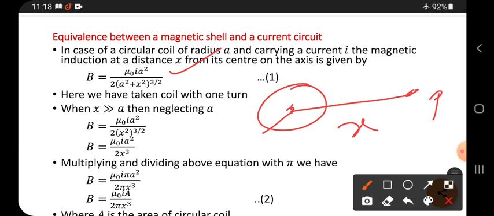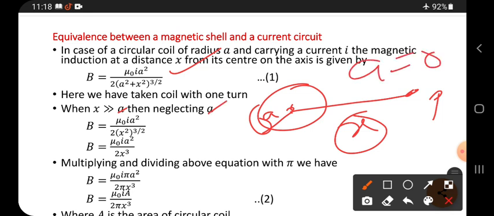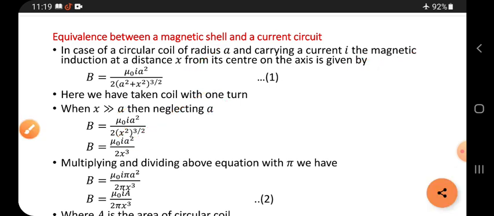This radius is A. But compared with x, the value of A is very small, so A is neglected, meaning in the place of A we simply put 0. Then the square is cancelled and x cube will be there.